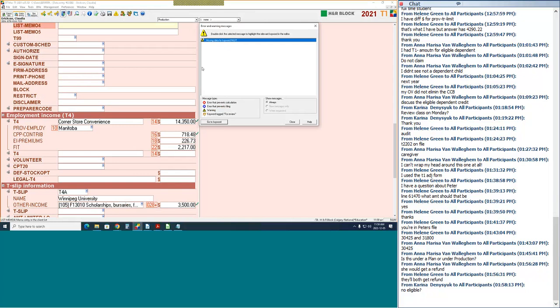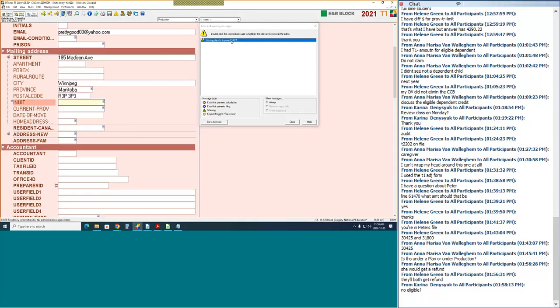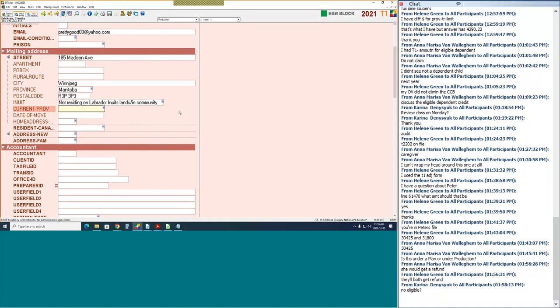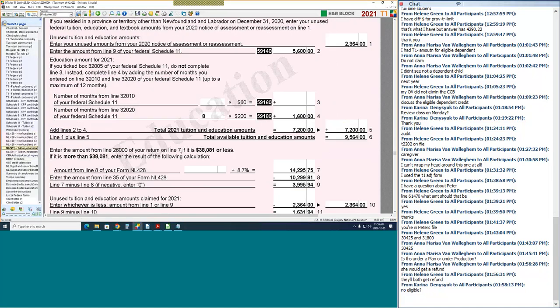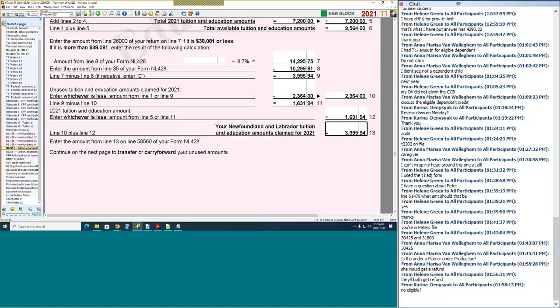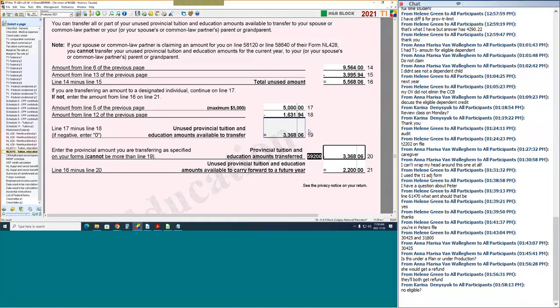In that case, if I go to the tax return here, it's going to make me do a little bit of extra things here. And I'm going to go in and take a look at her provincial S11, and I want you to notice in this one, she was only able to transfer $3,368.06.